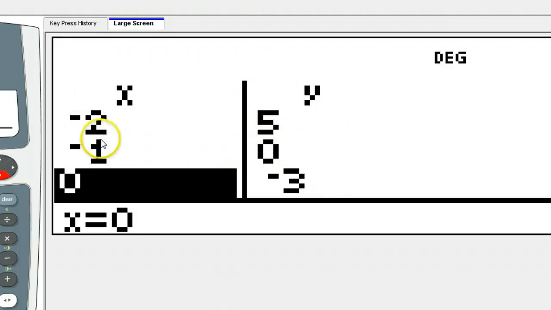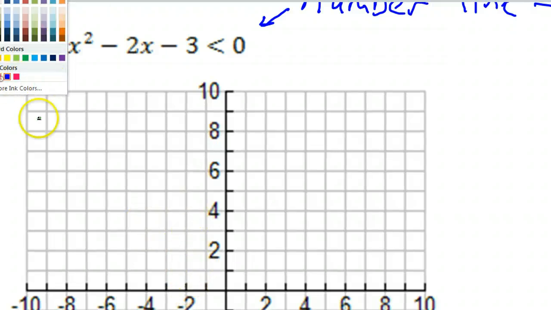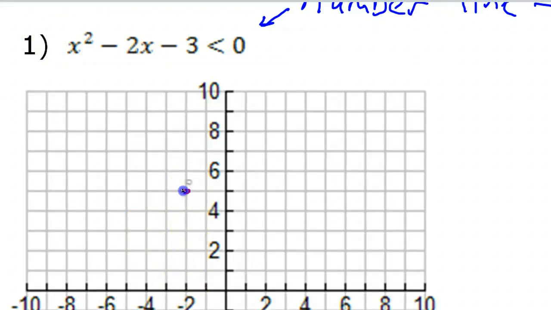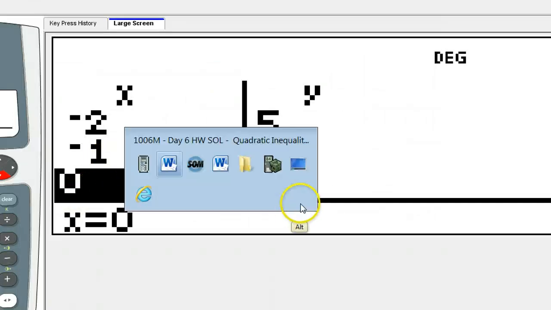So let's go ahead and graph this. Okay, so negative 2 comma 5 is going to go right here. And then it goes negative 1 comma 0 and 0 comma negative 3.